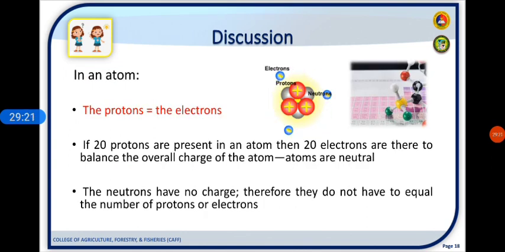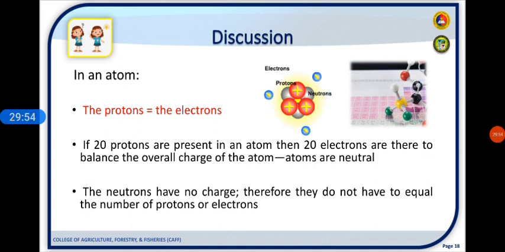In an atom, the number of protons is equal to the number of electrons. Please remember that one. If 20 protons are present in an atom, then 20 electrons are there to balance the overall charge of the atom. But this is only true for neutral atoms.